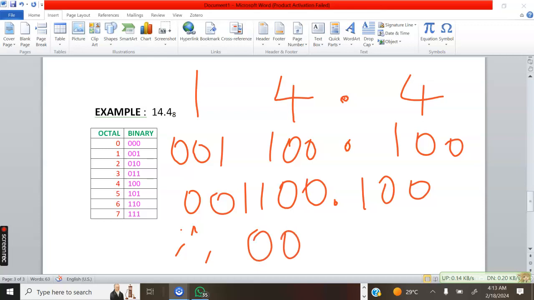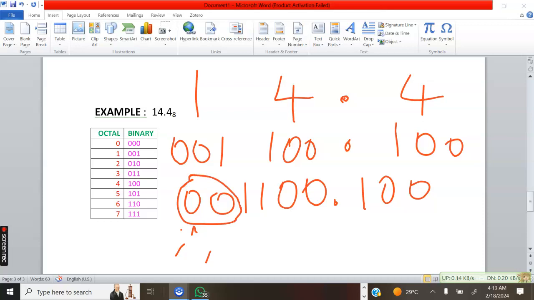Sorry, let me correct this one. Remember, for the binary, you ignore the leading zeros when you're writing the final answer.